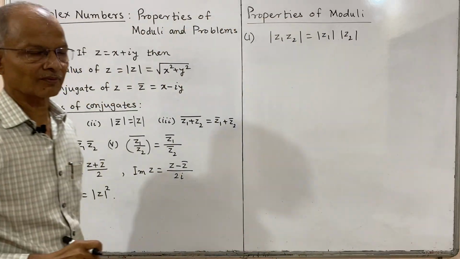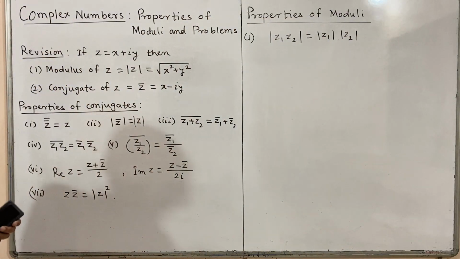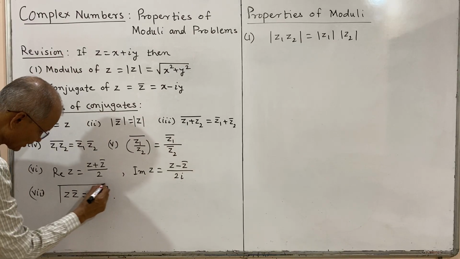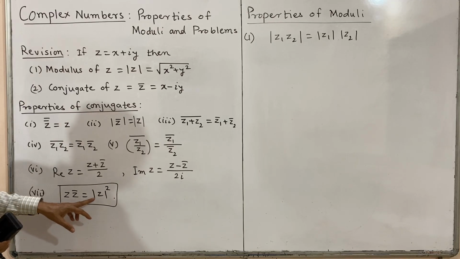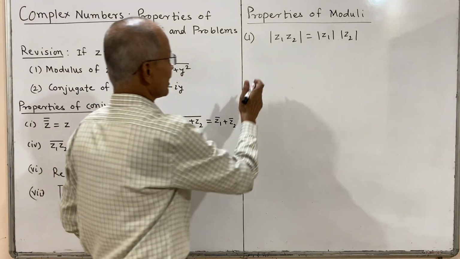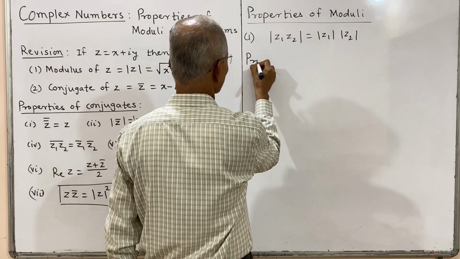So this is the first property that we shall prove, and to prove this property we shall make use of the last property of conjugate, that is z z bar is equal to mod z whole square, and we will now write its proof.